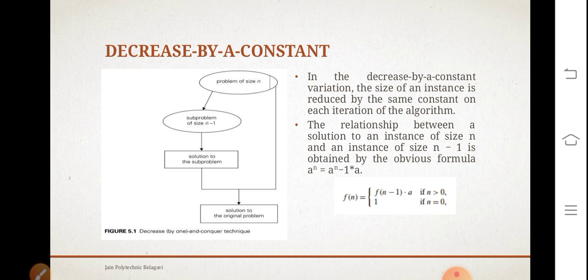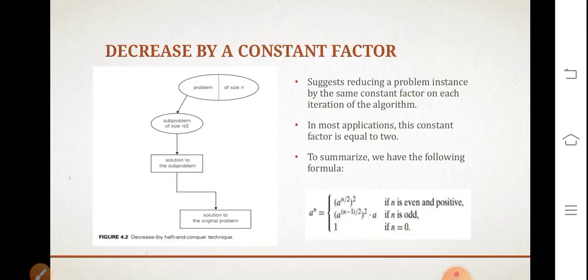So this is about decrease by a constant. Then what is decrease by a constant factor? The decrease by constant factor technique suggests reducing a problem instance by the same constant factor on each iteration of the algorithm.